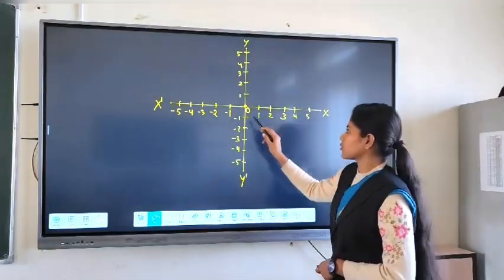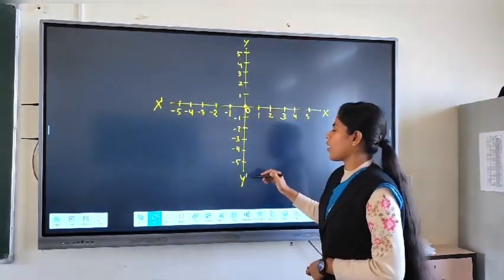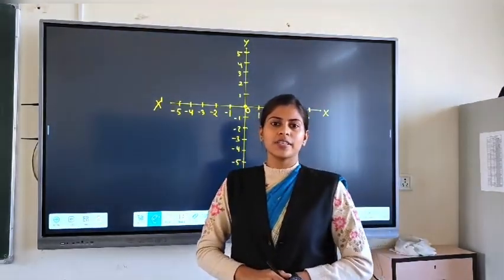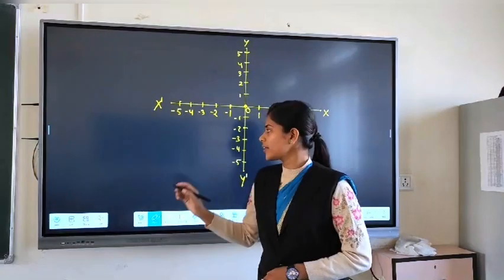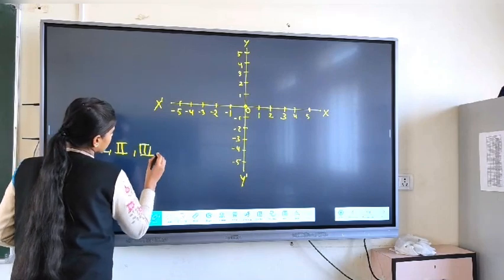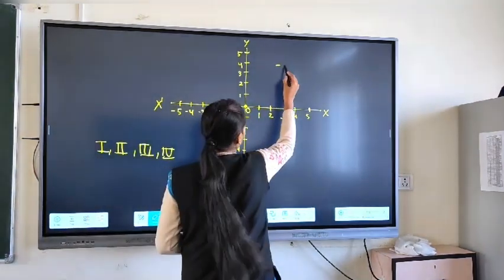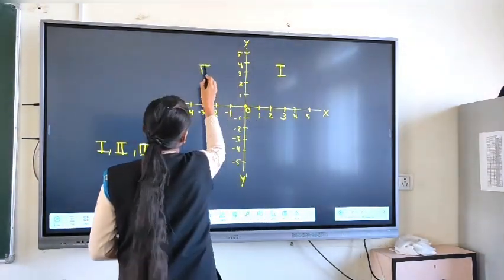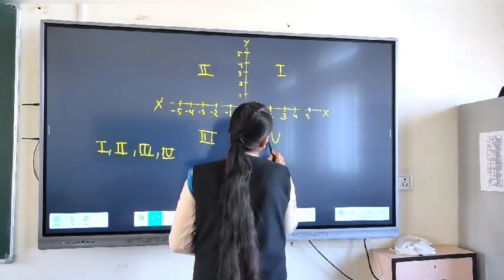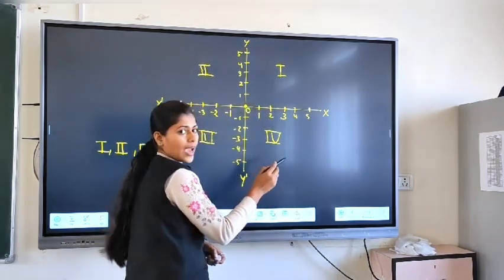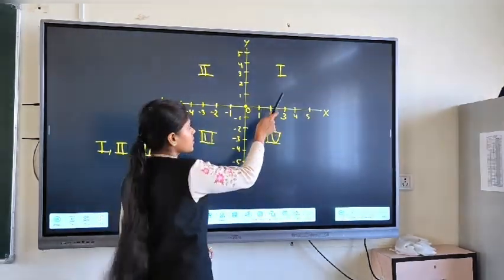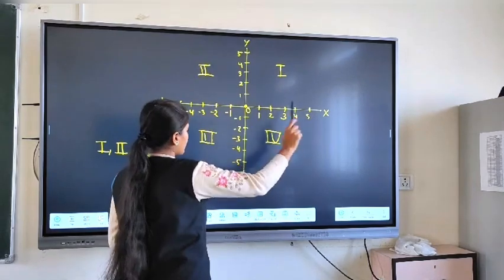The axes x, O, x dash and y, O, y dash divide the plane into 4 parts. These are called quadrants. The quadrants are numbered as follows: this is our first quadrant, this one is second quadrant, this is third quadrant, and this one is fourth quadrant. We number in anti-clockwise direction.